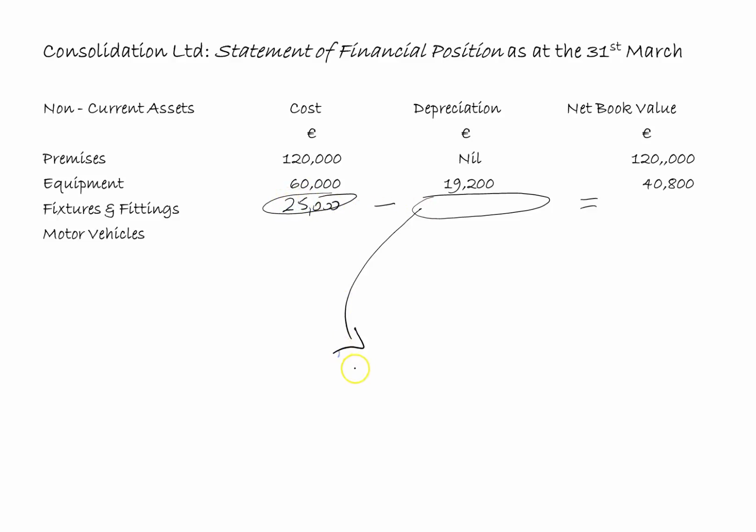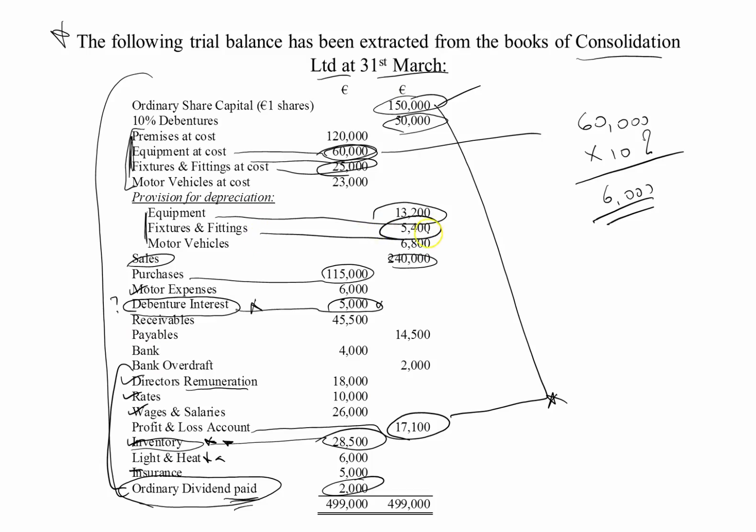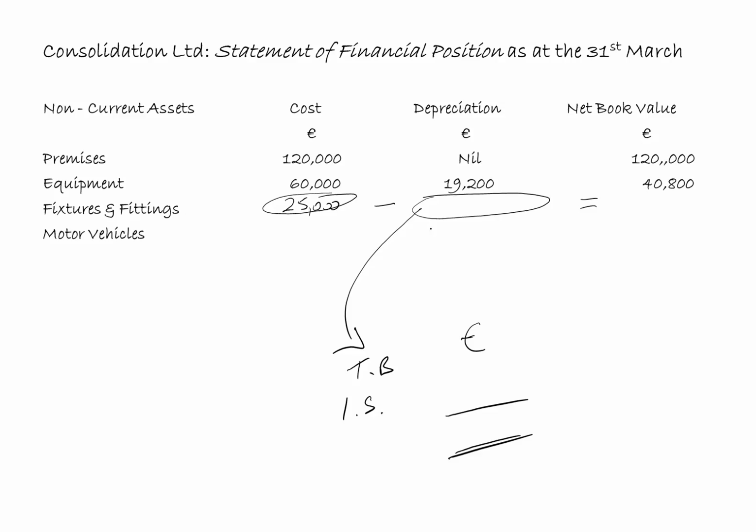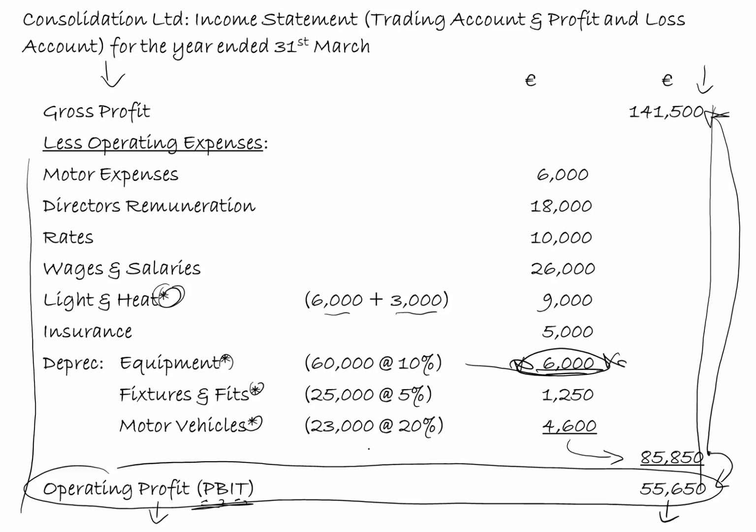We have the accumulated depreciation coming from the trial balance. I'll just put in IS for income statement this time. So from the trial balance, we have the accumulated depreciation on the fixtures and fittings at the start of the year, 5,400. And from the income statement, the depreciation charge we put through this year for the fixtures and fittings, 1,250.